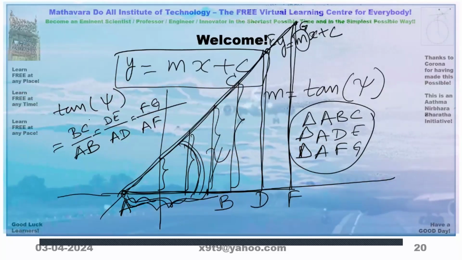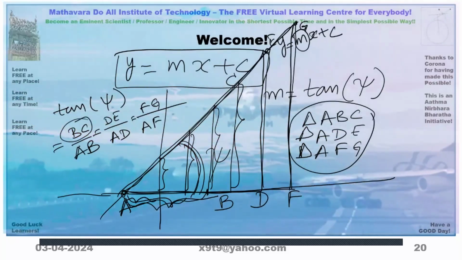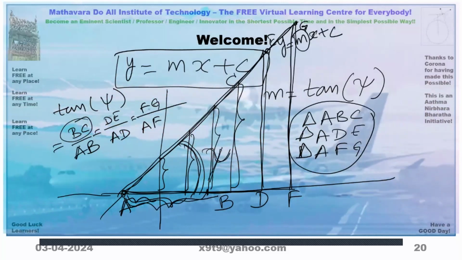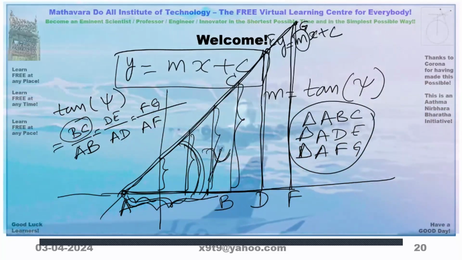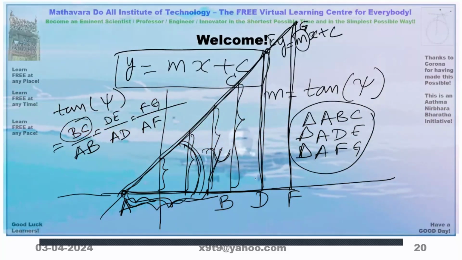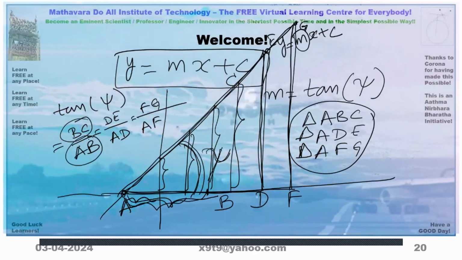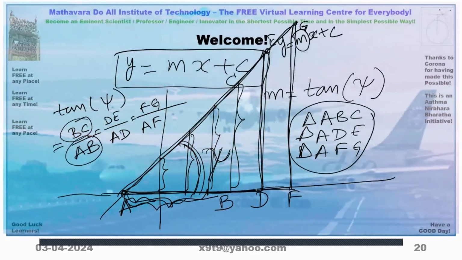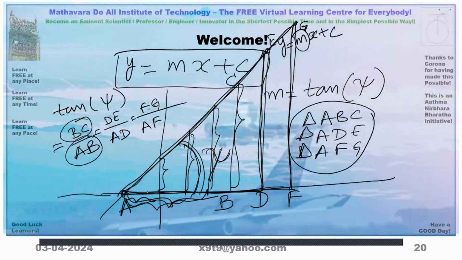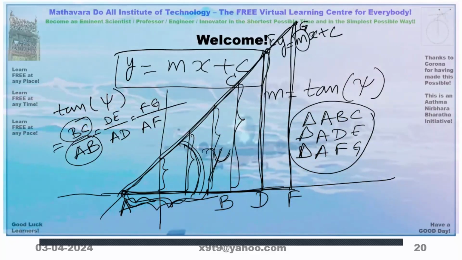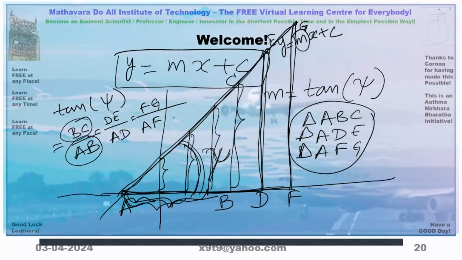So this is the length of the side which is opposite to the angle psi. Any triangle you take, find that length, divided by the length of the adjacent side, which is this one. That divided by this gives a number. That number will come here.